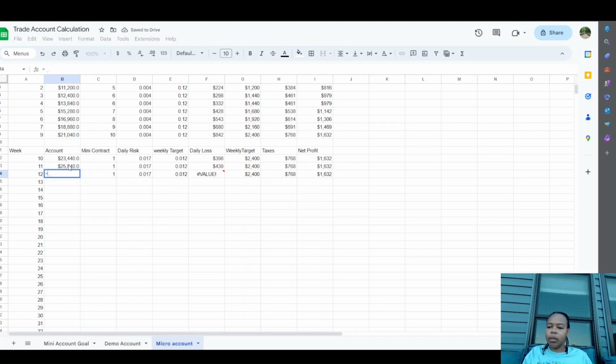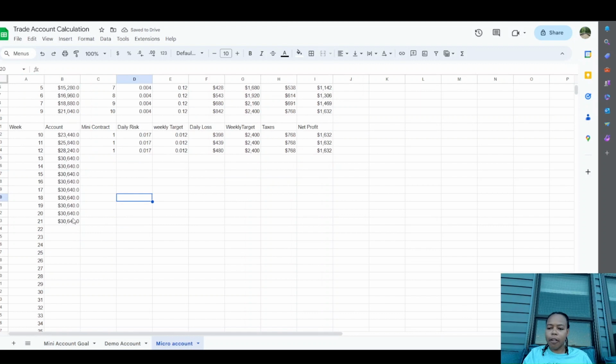Because I shouldn't have to specify it to what it was before, plus what we're looking to gain for the week. All right, there we go. I think we got it fixed. All right.